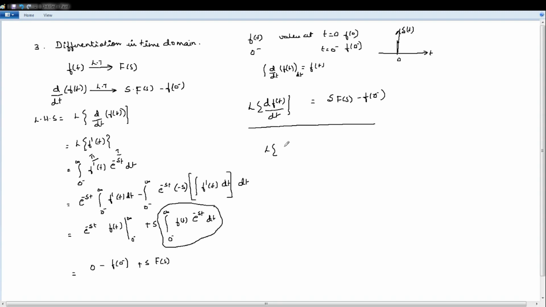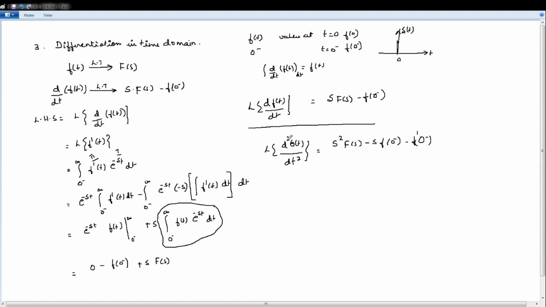So the Laplace transform of d square f of t by dt square would be s square into F of s minus s into f of 0 minus minus f dash of 0 minus. See, here the order was 1, first order, so you'll get s raised to the power 1 into the Laplace transform of f of t, that is F of s, minus its initial value.